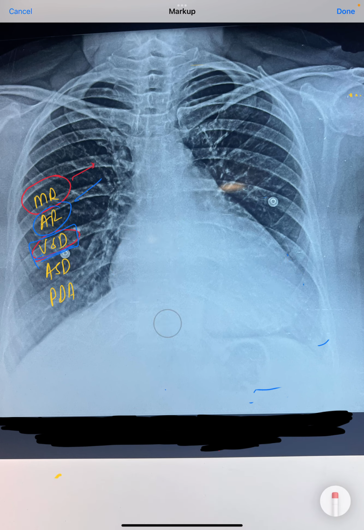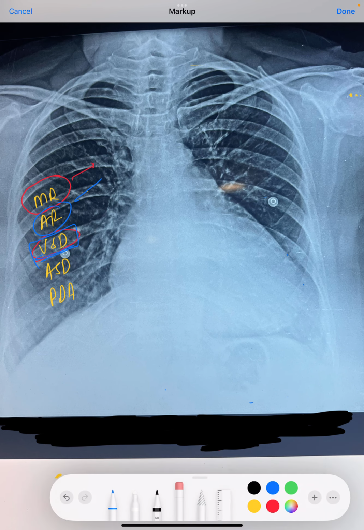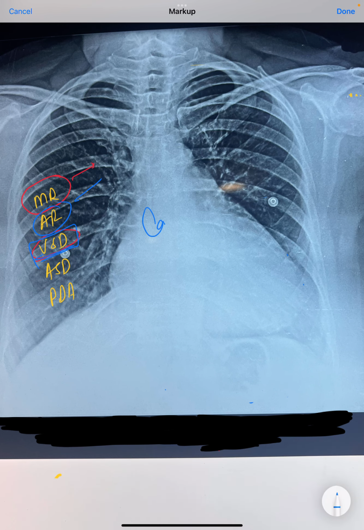And the last thing is PDA, that is patent ductus arteriosus. It is also a congenital disorder. One of the most important things about this is that you can hear a continuous machinery murmur. It is like the continuous sound that you can hear at any factory, where some machine is always running.